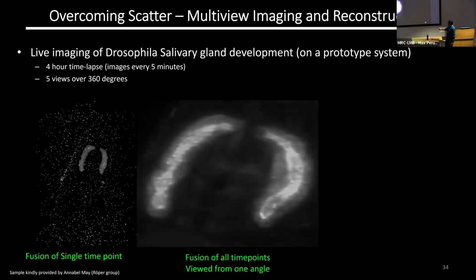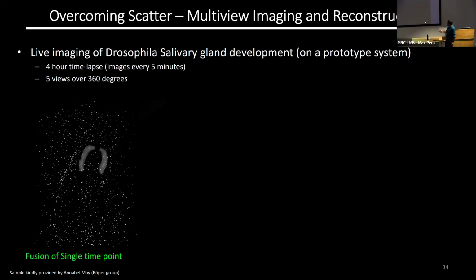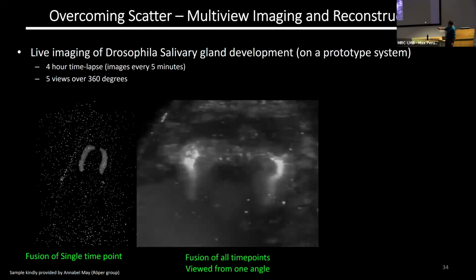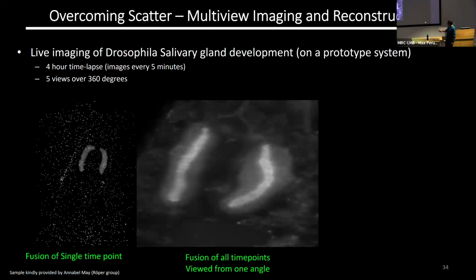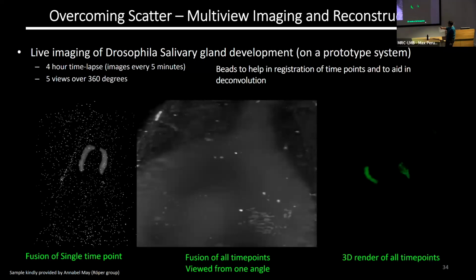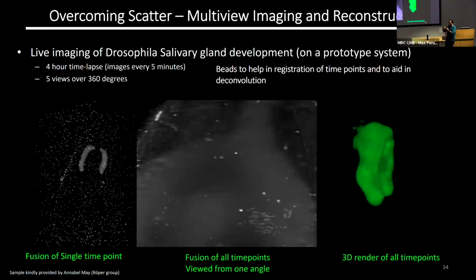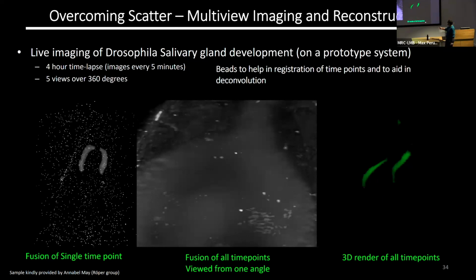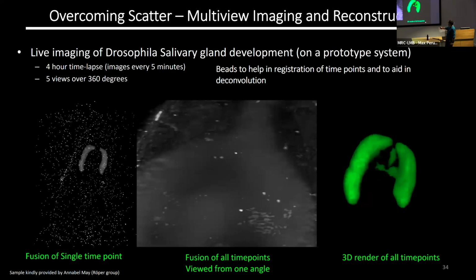So this is the mounting, and this is a time lapse experiment where you can see the salivary glands developing. There they are. So this is the fusion of all time points, but just from one angle. And then you can have a rendering of all of 3D of all the time points. So this is from all of the different angles, and then this is the 3D reconstruction. So as you can see, you have less scattering, and the image is much more uniform through all the planes there.